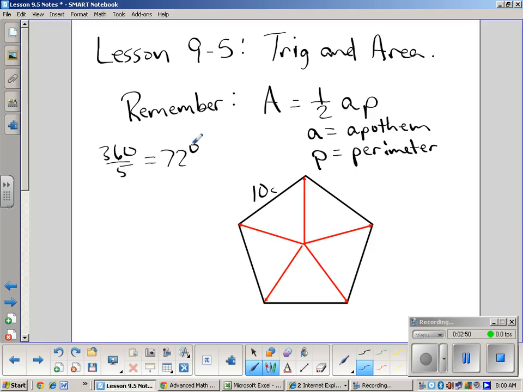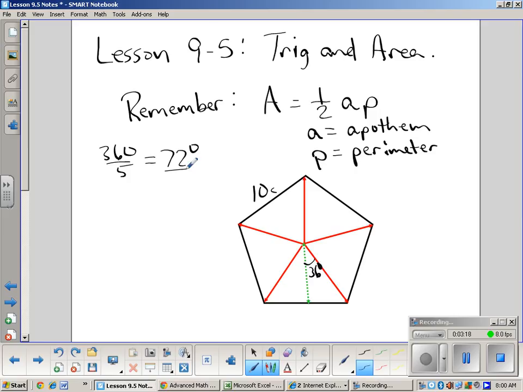So if I then put my apothem in there, okay? If I drew my apothem, then what would the measure of this angle be? 36.